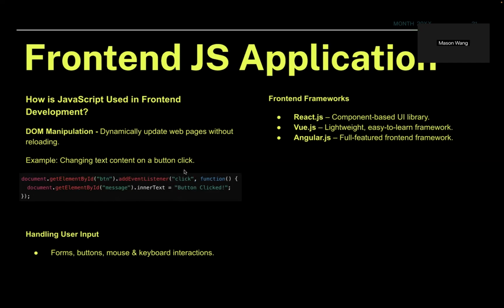When the user clicks it, it will trigger this function right here, which gets another element by its ID and changes its innerHTML text to button click. This is a very simple example, and in real-world development, it's usually applied with a lot of different frameworks like React, Vue, and Angular, like what we've mentioned.